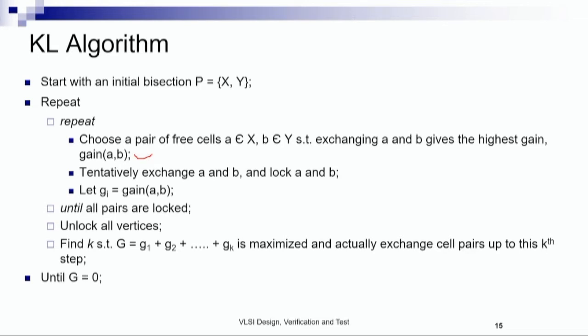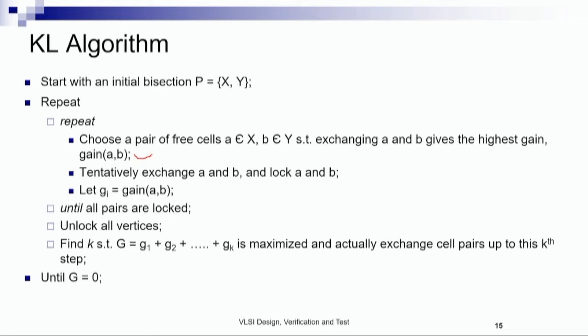So what do we do? We find a K. We start from 1, the first exchange, second exchange, third exchange, fourth exchange. We go on taking these exchanges until we get the highest gain.